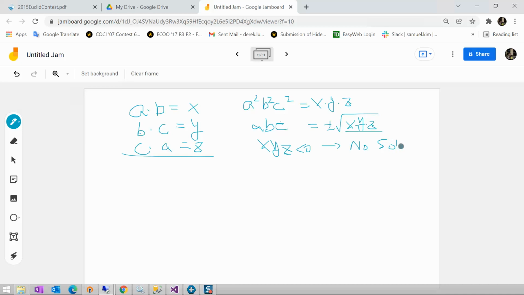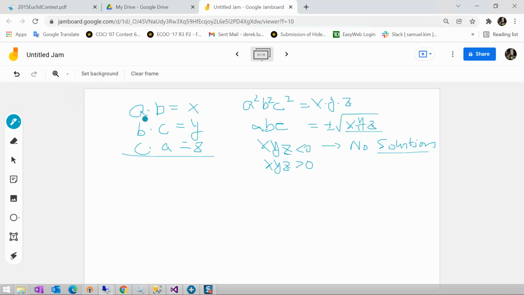No solution, right? This is the first thing. If XYZ is greater than 0, this one has 2 answers.